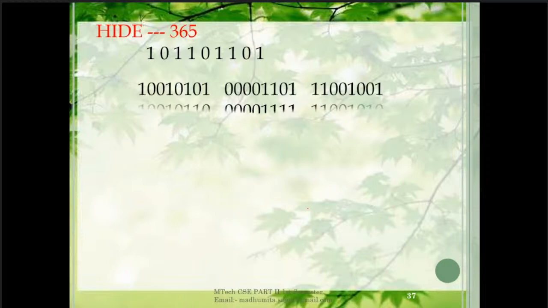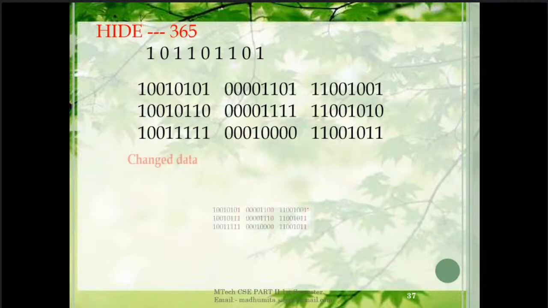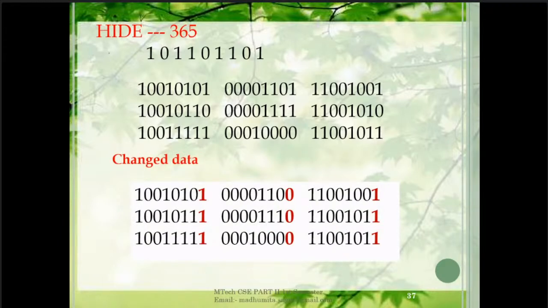I'm just going to give you that example. So you see, this is my cover image, and I have embedded this 1 to here, this 0 to here, like this.